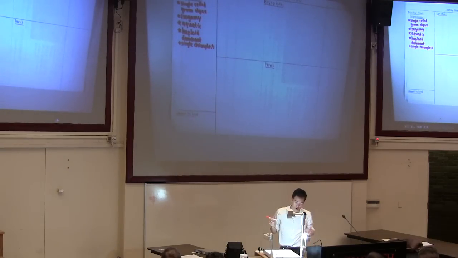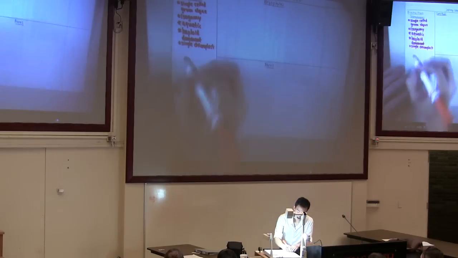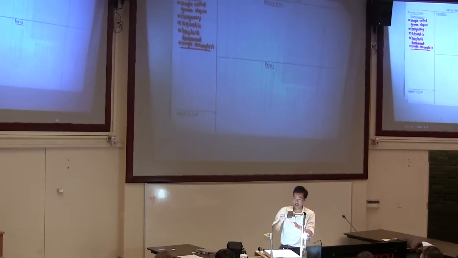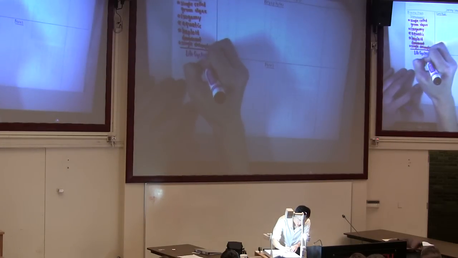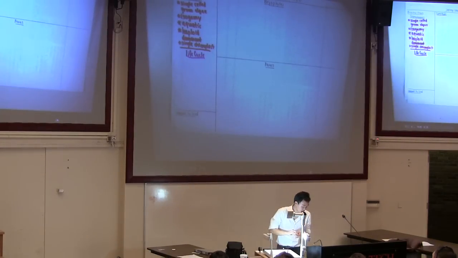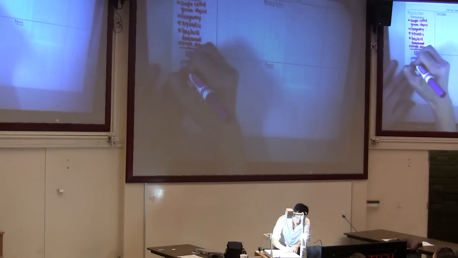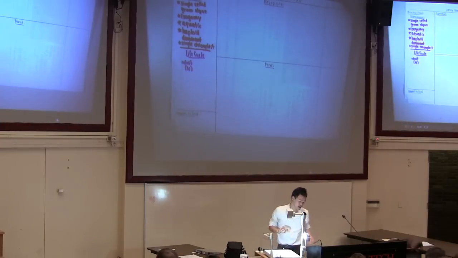Okay? So let's look at the life cycle of Chlamydamonas. Okay? So let's start with an adult. So the adult is haploid. Okay? And the adult will produce what?